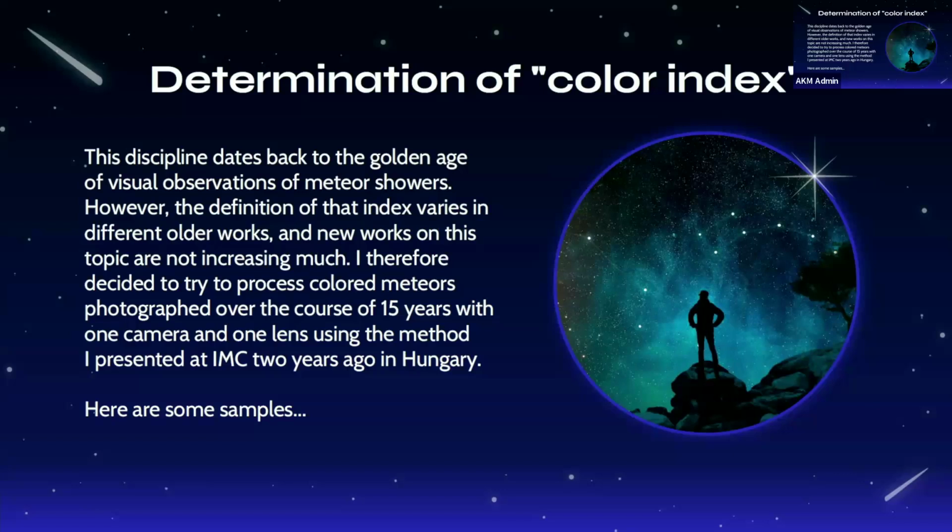I therefore decided to process colored meteors photographed over 15 years with my own camera, the same camera and the same lens, using the method I presented at the IMO in Hungary 2 years ago. Here are some examples.